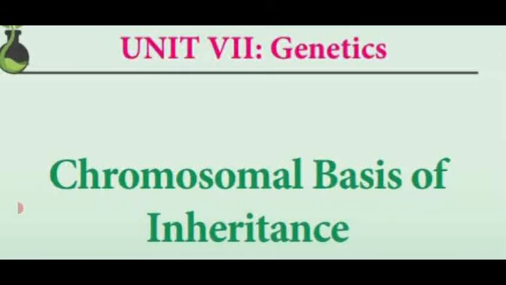The theory was proposed by Sutton and Boveri, and is named the chromosomal theory of inheritance, which is derived from Mendel's law of segregation.